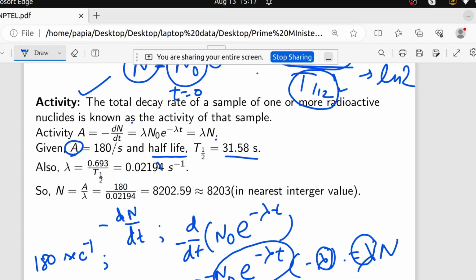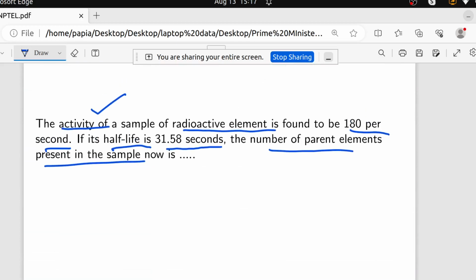If I put all these values in, lambda will be this one. And what will be the value of N here? N is nothing but A by lambda. So if I put A as 180 and lambda as 0.02194, it will be 8202.59, and the nearest integer is 8203. So what is N here?